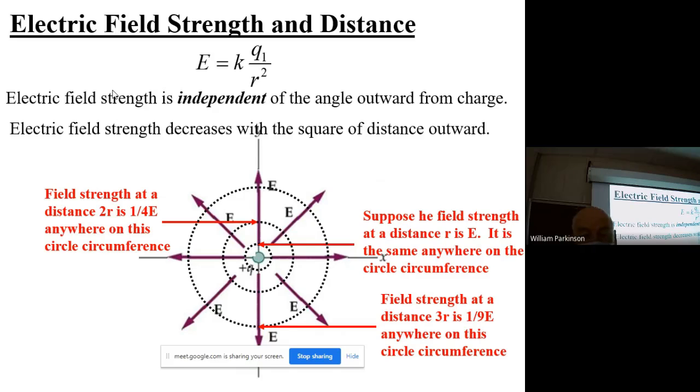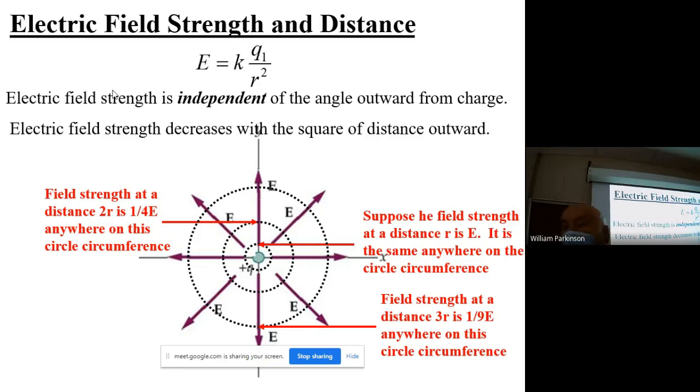So everybody standing on the tiniest dashed circle in the middle would feel the same strength electric field. If you're on the middle dashed circle, which is twice the distance away from the charge, you will feel a field 1/4. Everybody on that circle will feel that same 1/4 pull.